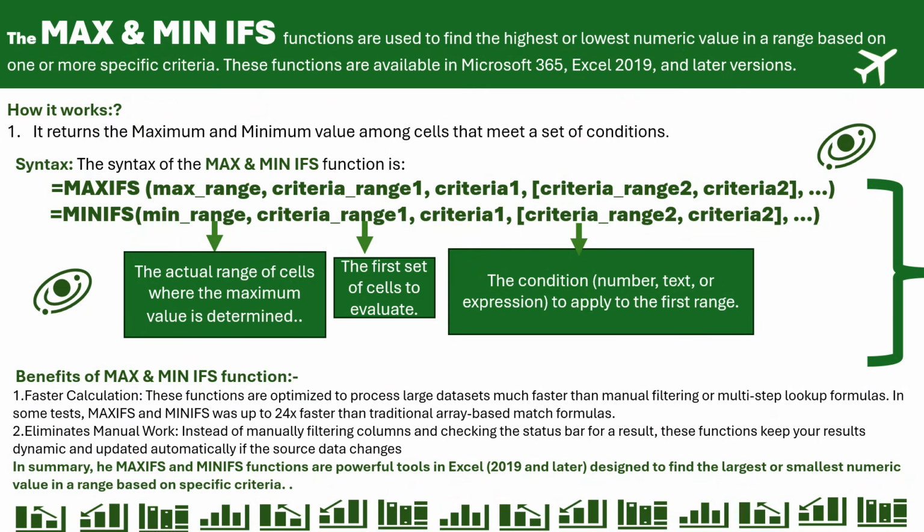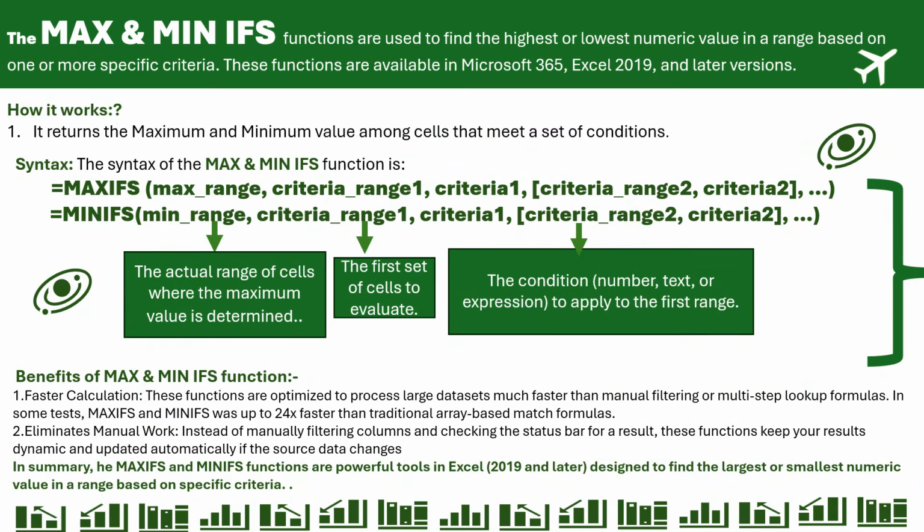It eliminates manual work. Instead of manually filtering columns and checking the status bar for a result, these functions keep your result dynamic and updated automatically if the source data changes.